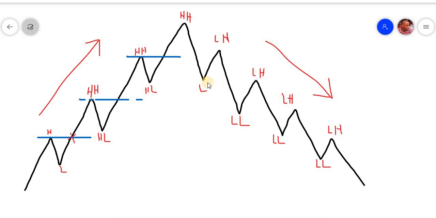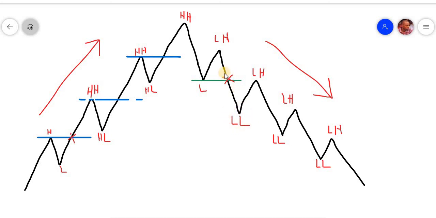That is, when price breaks the low, price breaks the low at this point, to form a new lower low. This low is lower than this low, so refer to it as a lower low.